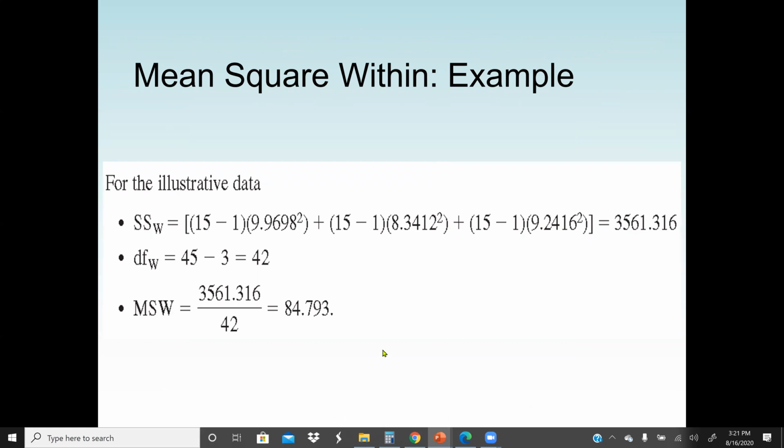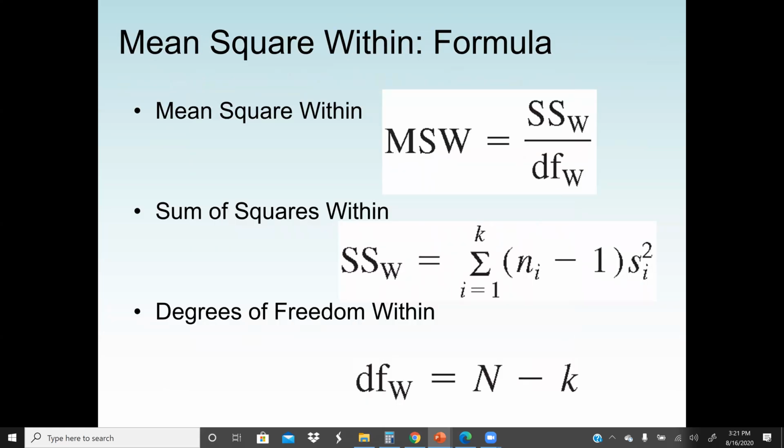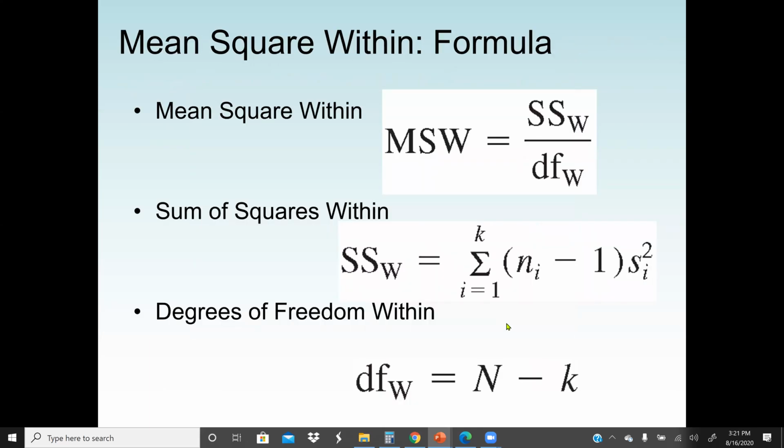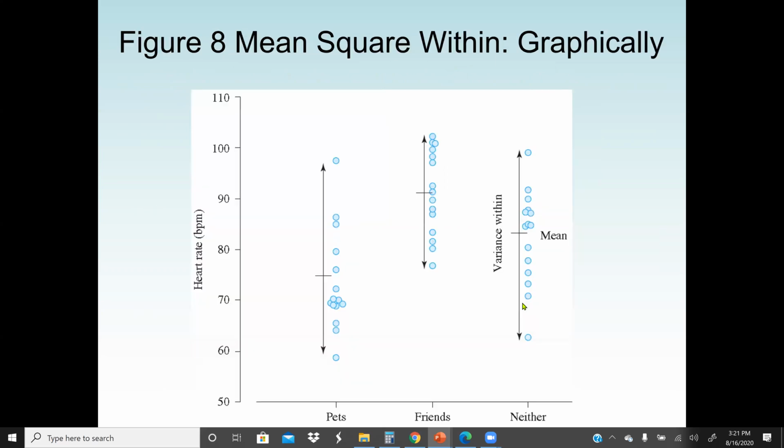Again, we are using this formula here, SSW: n1 minus 1 times S squared. So we get the 3 values: n minus 1, as we saw in the formula, and then the variance squared.